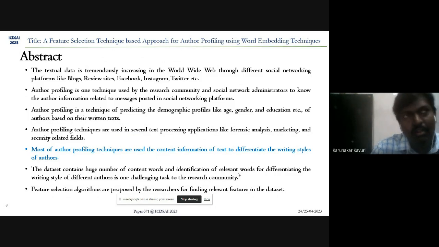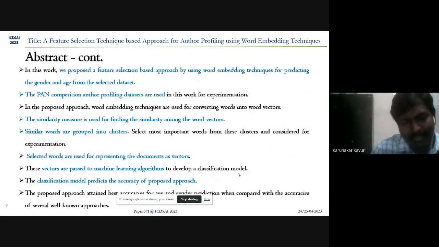One of the objectives is the feature selection algorithm. We need to propose a new feature selection algorithm, and sometimes we use the same proposed algorithm with different word embeddings. In this work, I did not propose a new algorithm. I just used one feature selection algorithm, the cosine similarity measure, and the data set from the PAN competition.